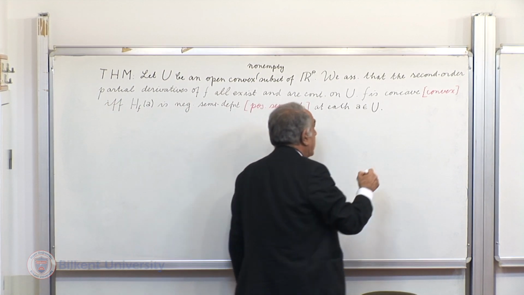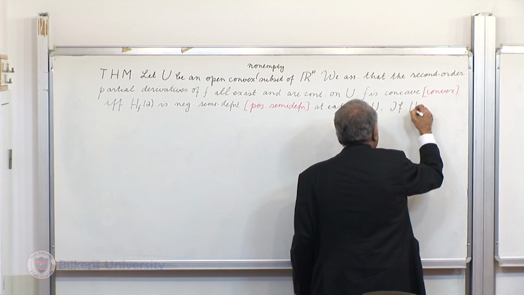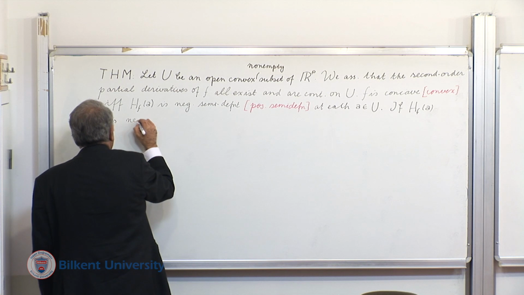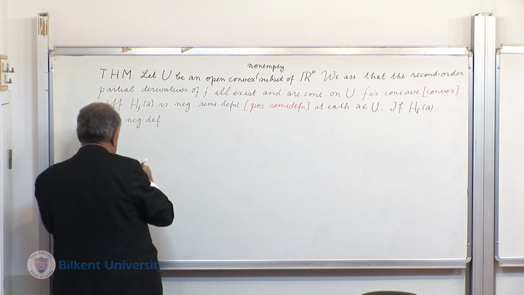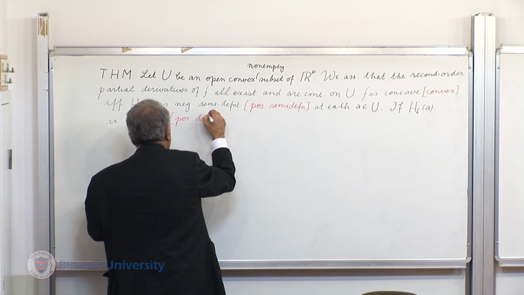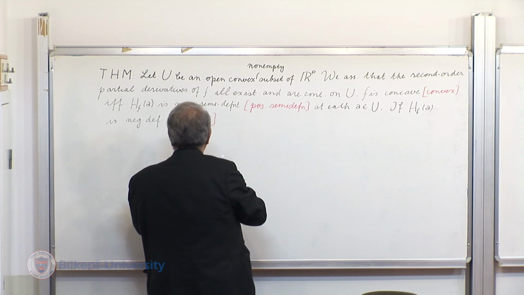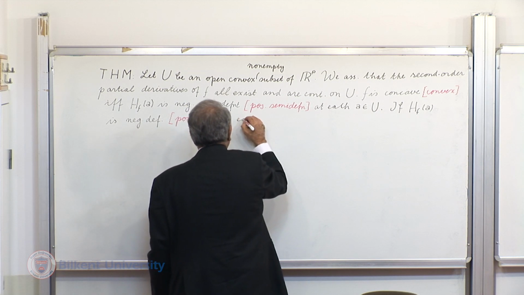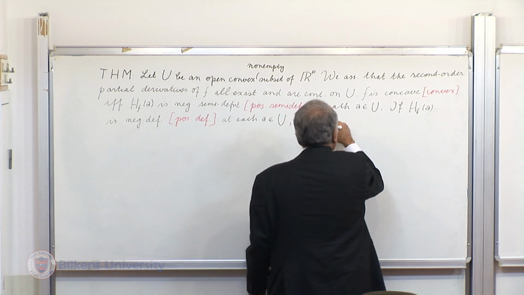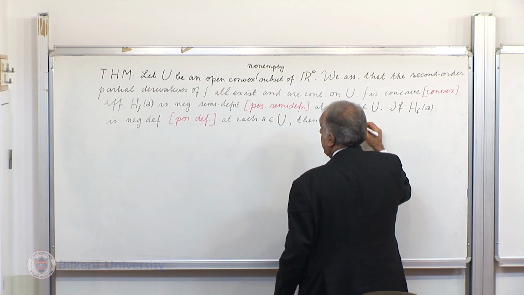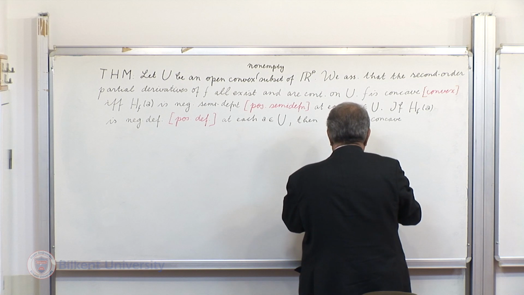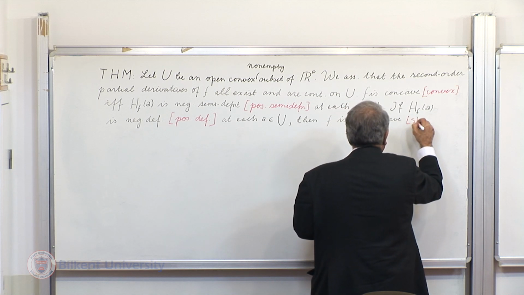Now for the strict version, well, we have just a one directional statement. It's not a biconditional. If H sub f at a is negative definite, respectively positive definite, at each a in U, then f is, in the first case, strictly concave, and in the second case, strictly convex.